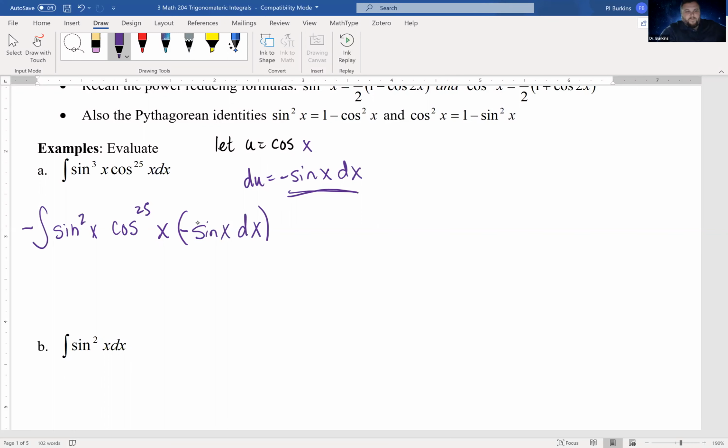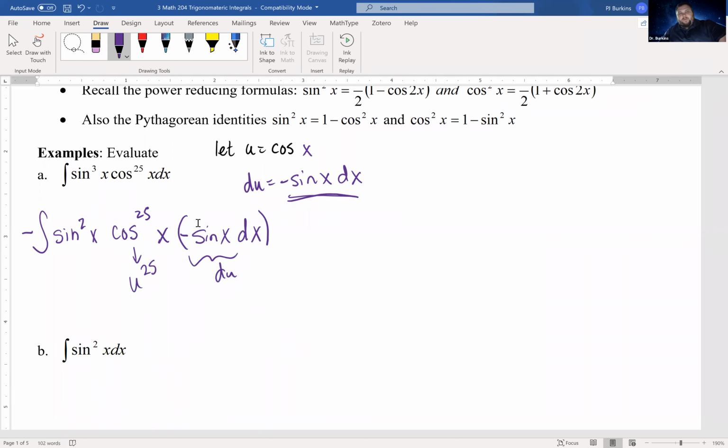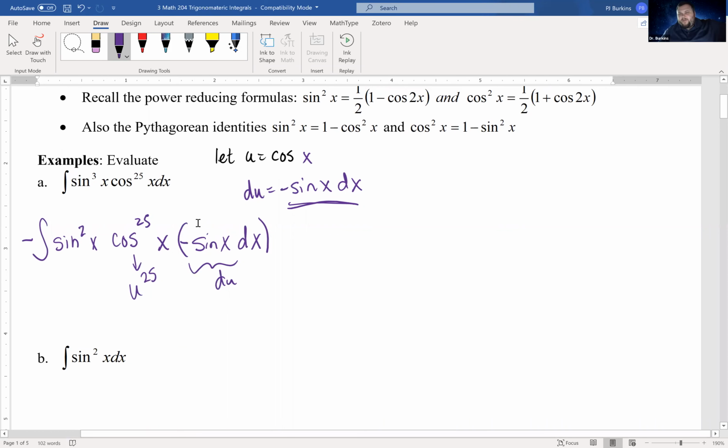So cosine to the 25th, that's just going to be u to the 25th. My negative sine x dx, that's all du, right? So this is du. This is u to the 25th. What do I do with sine squared? Well, I said that we would use these two sets of formulas that are given here.